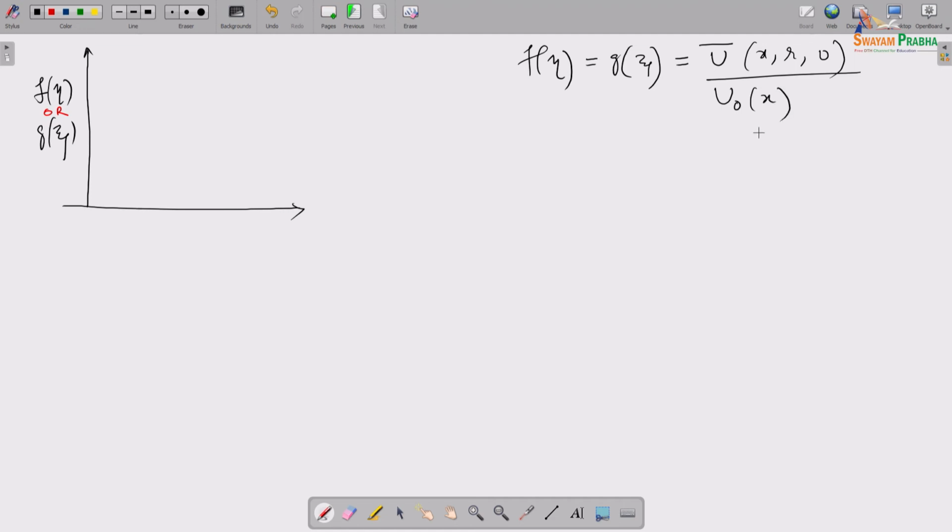And zeta is equal to r by r half, and it could be eta also. Or let us just say eta is equal to r by x minus x naught.